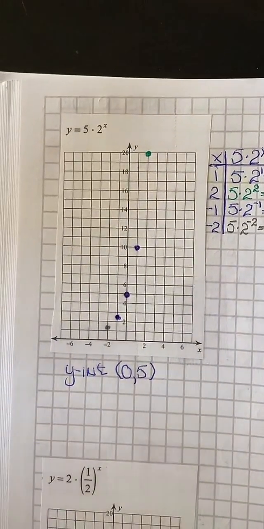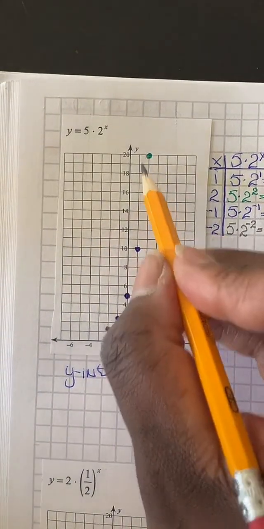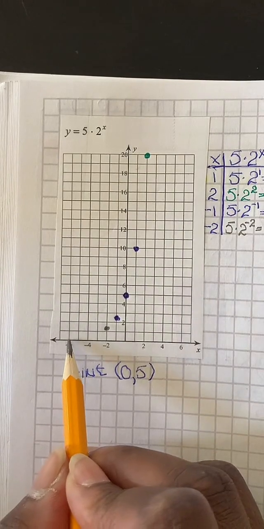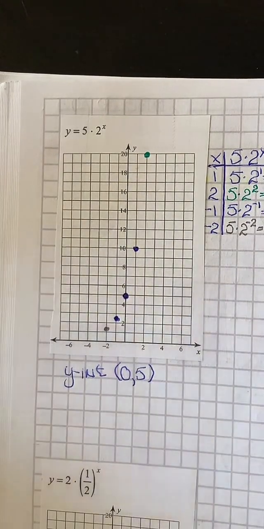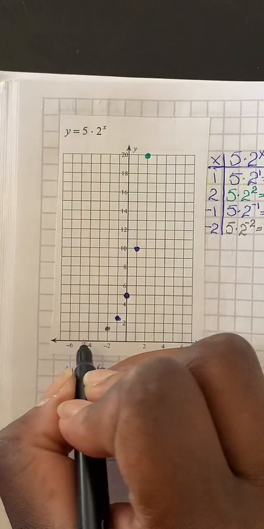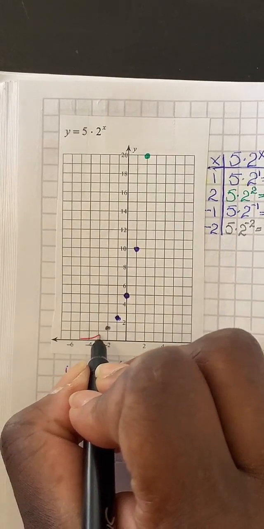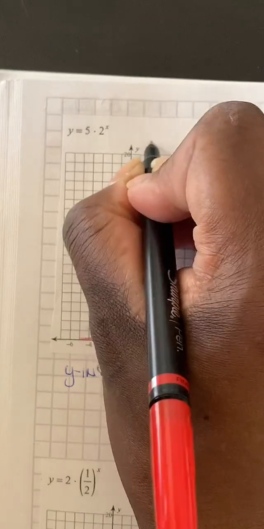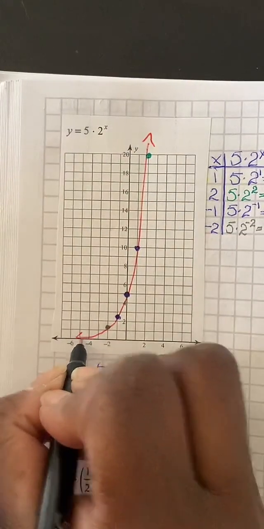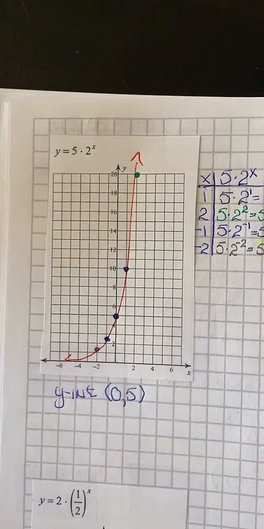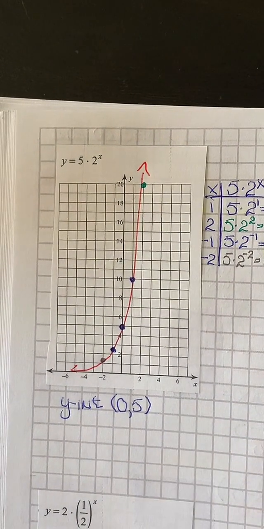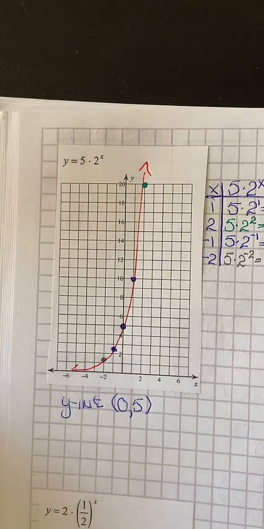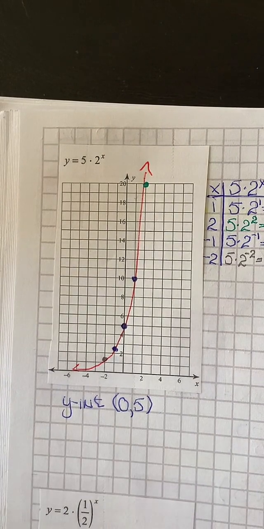As you can see, my graph is going to be gradual. I use my red. So it's going to be nice and gradual, and then it's going to shoot up like a rocket. Okay? Good.